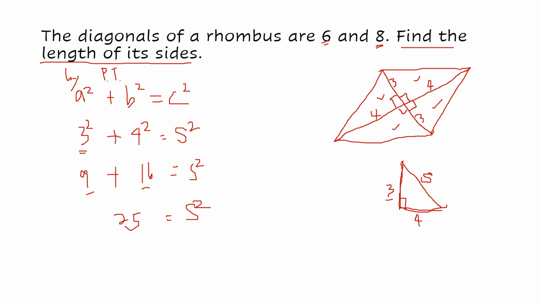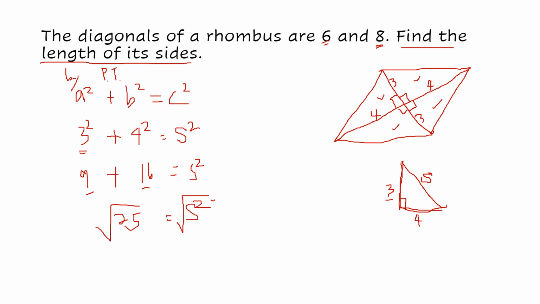Now we just need a simple s or side. We do not need s squared. So to get rid of this exponent square here, apply the square root to both sides of the equation.